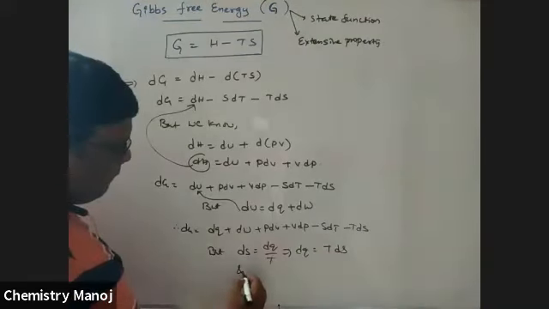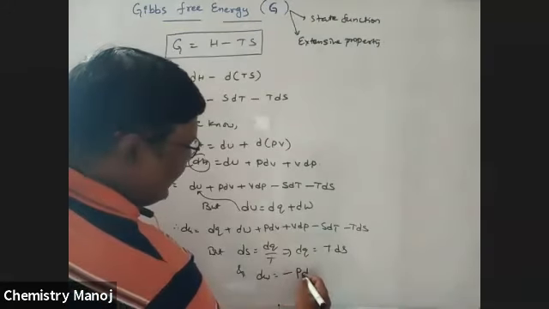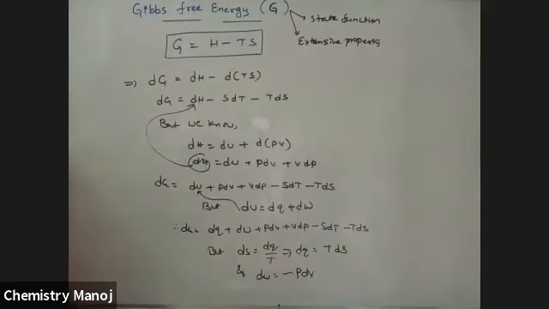And dw, I am taking expansion work, is minus P dV. Substitute these values here.